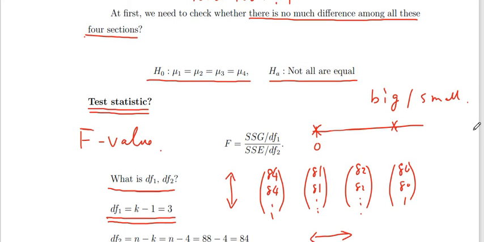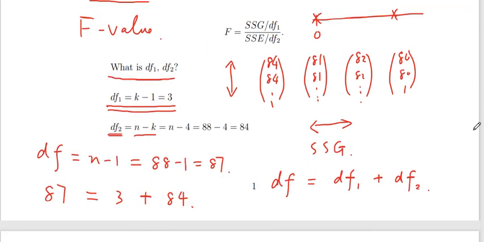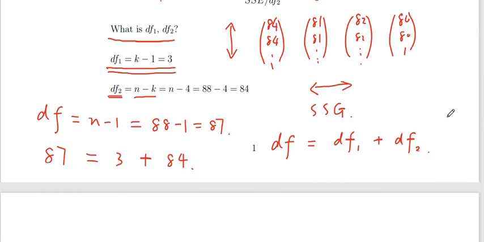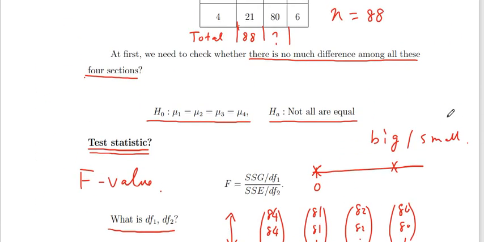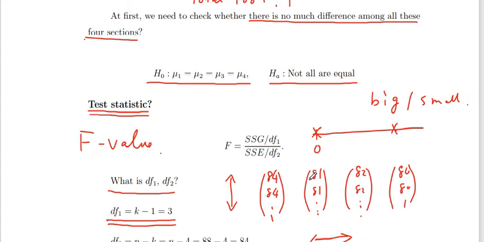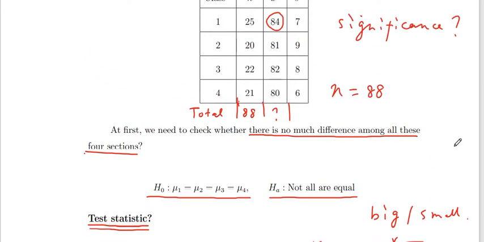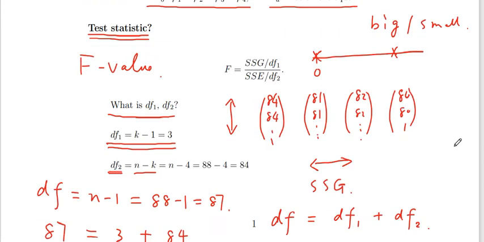So this average equals, we can say, 84, how many 84? Yeah, 25, so 25 multiplied by 84, and how many 81? 20, so 20 multiplied by 81.